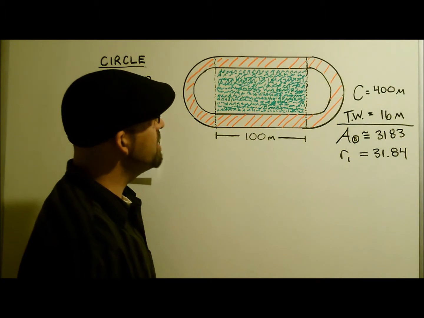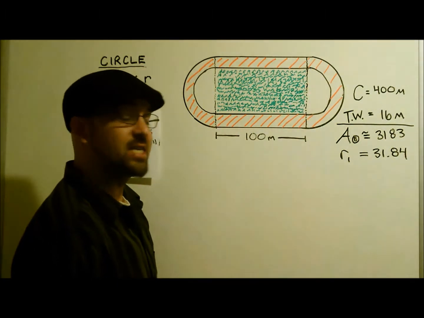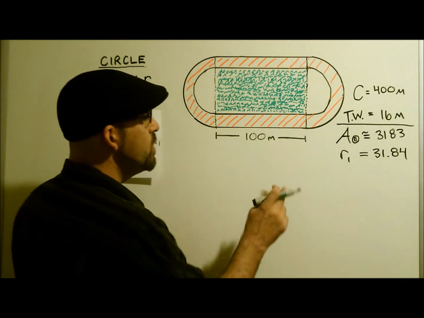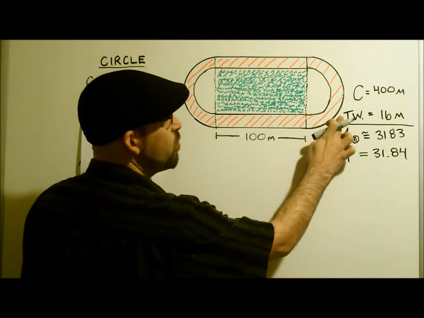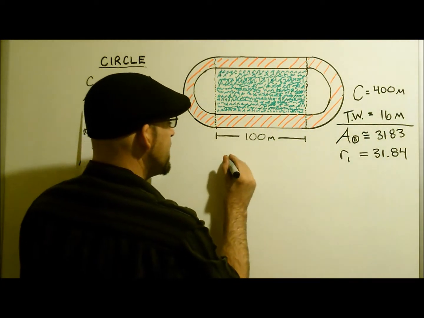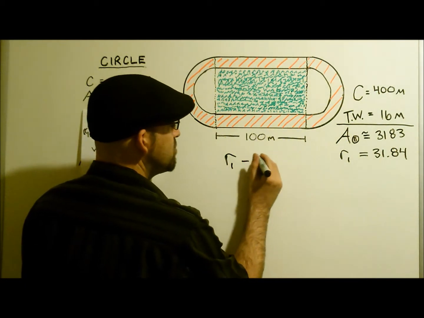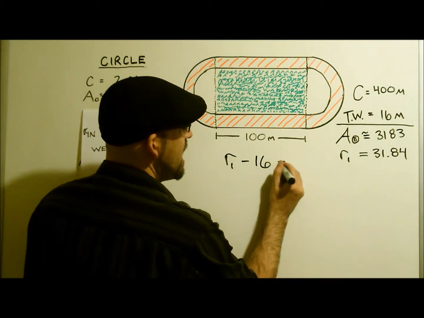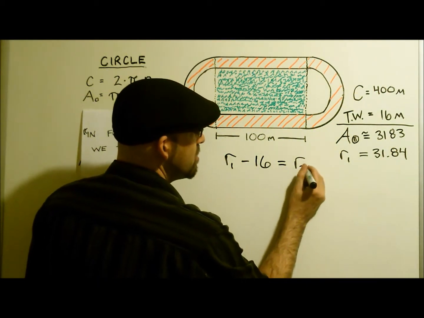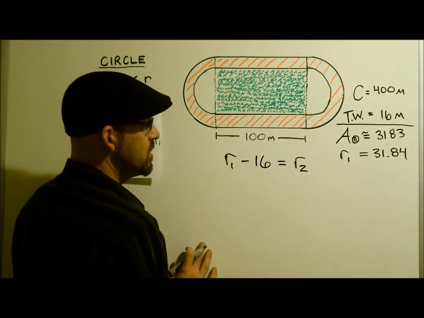Well, how are we going to find the inner circle so we can subtract it? Well, we know that it has a track width of 16 meters. So all we have to do is take the radius of the big one, subtract 16, and that'll give us our second radius of the small circle.